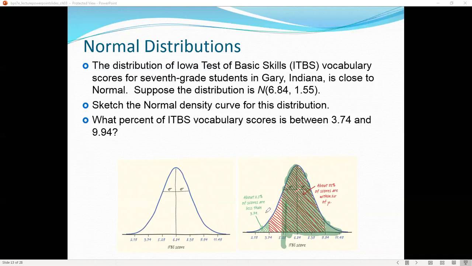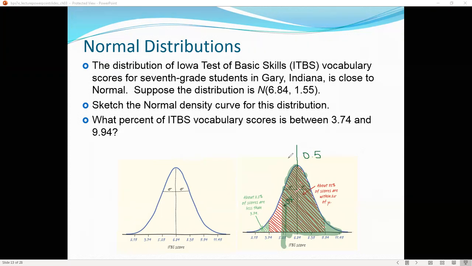So that is 1 standard deviation below plus 50%. So at this point, we have 0.5, right? We have 50% of the data falling to the right of the mean. And between the mean and 1 standard deviation below, we're looking at half of that 68, right? So we have 34 here.